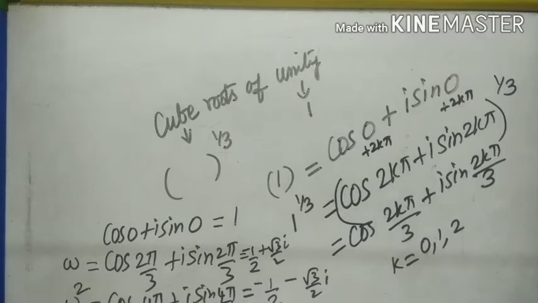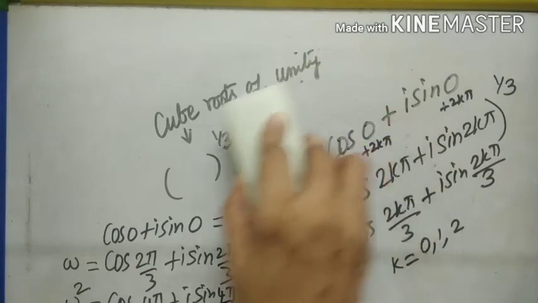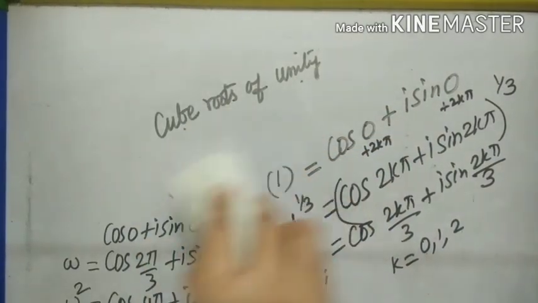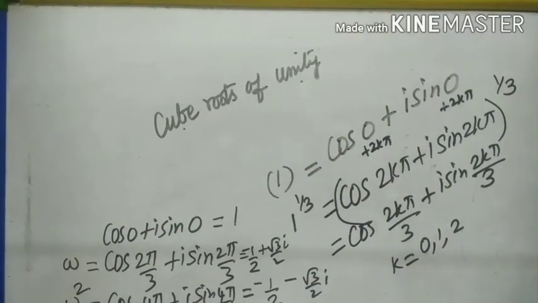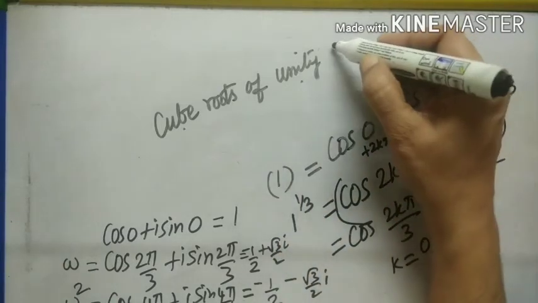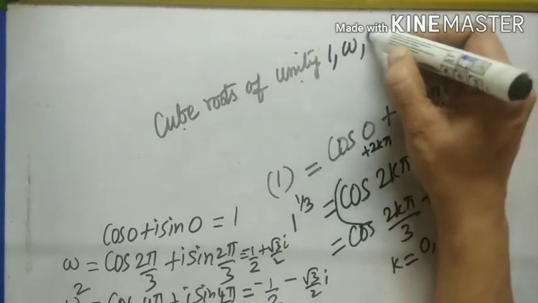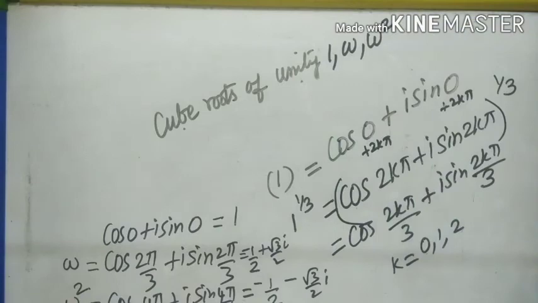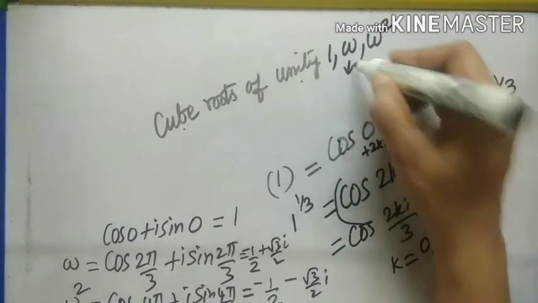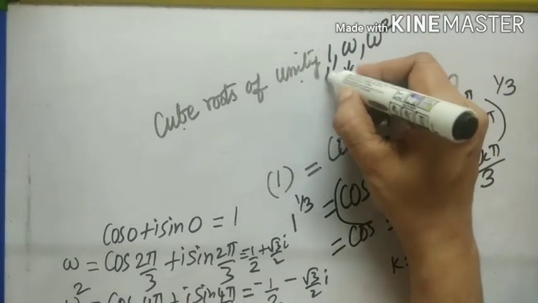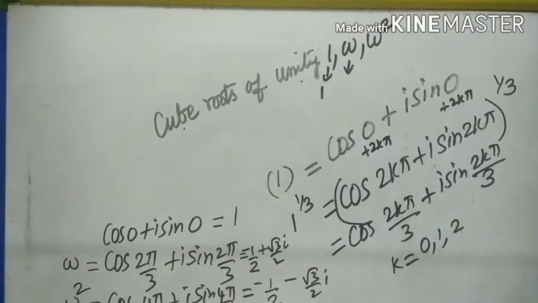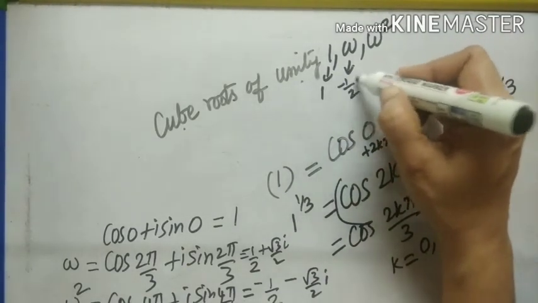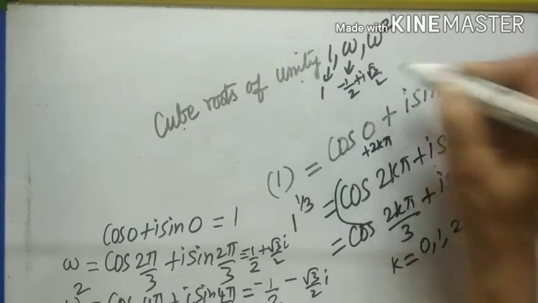So when I use the words cube roots of unity, I have arrived at 3 different answers. What are they? 1, omega, omega square. What is 1 actually? It is 1 only. What is omega actually? Minus half plus i root 3 by 2.